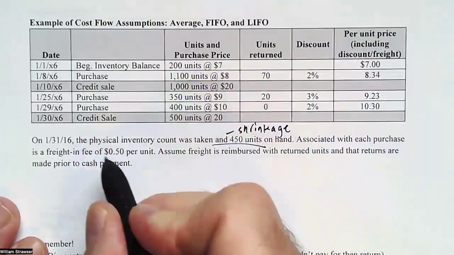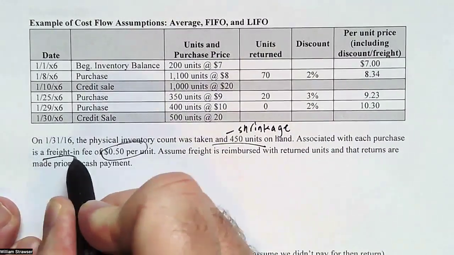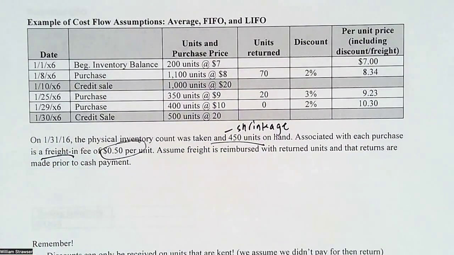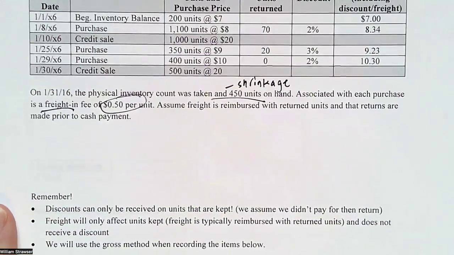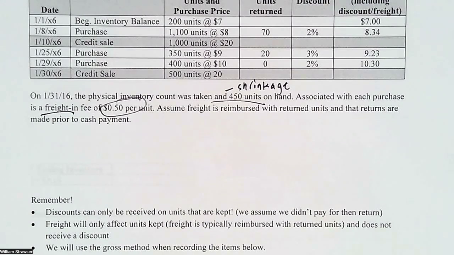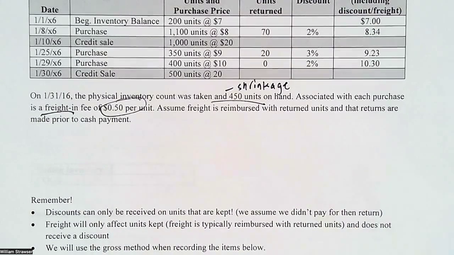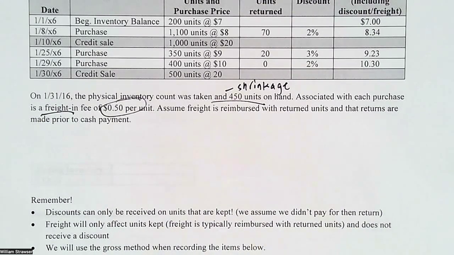There is a freight-in fee of 50 cents per unit, and we are reimbursed for the freight with returned units, and the returns are made prior to a cash payment. So it makes sense. We pay freight to get the item. Once we get the item, we decide whether we're going to return it before we pay. If we return it, we get reimbursed freight.